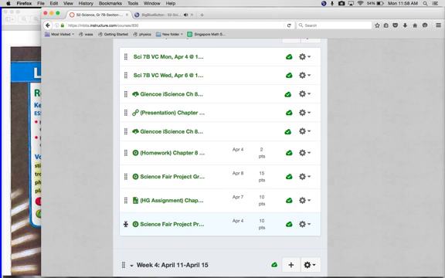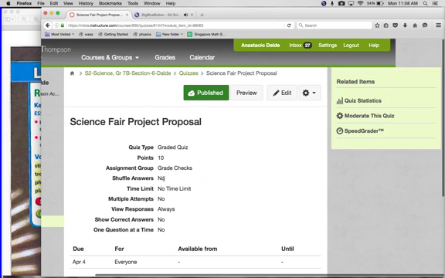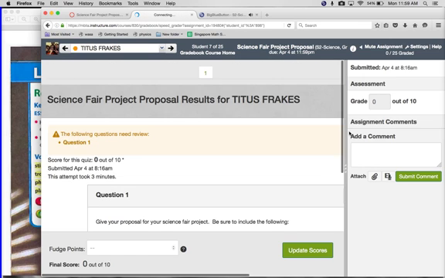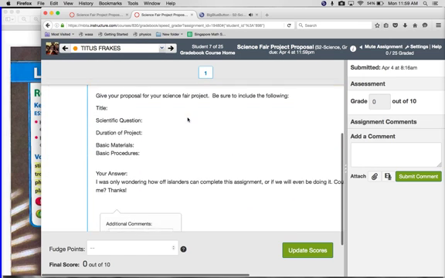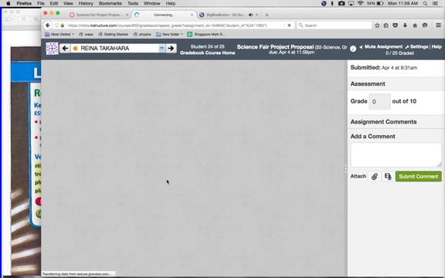Your proposal, which is worth 15 points or 10 points, is due today. How many people turned this in? Did anyone turn it in? Okay, only a few of you turned it in.